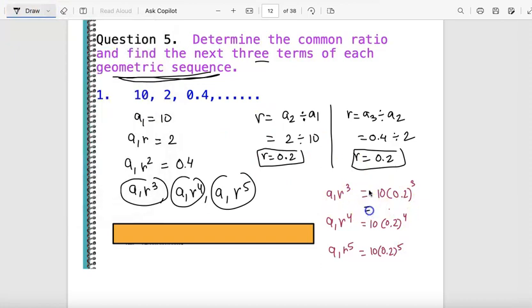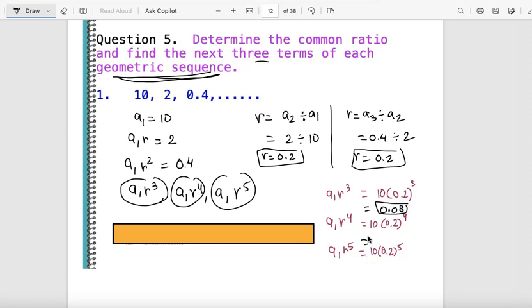Again I will reiterate, check your answer on your own whether these answers are correct or not. Don't just blindly copy it, because your calculator might give you a different answer, mine gives me a different answer, that's why. So my next term is 0.08. What about this one over here?